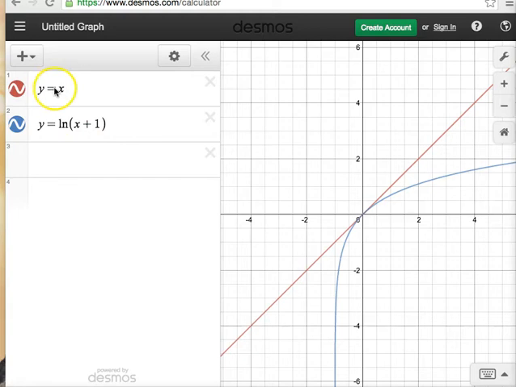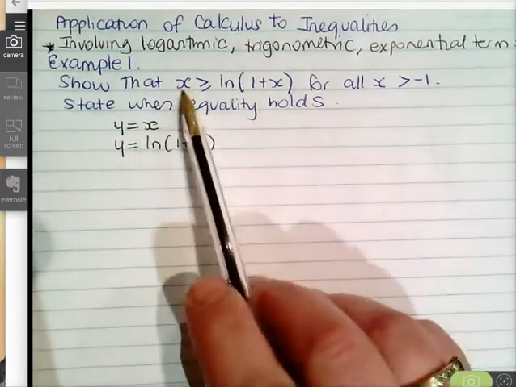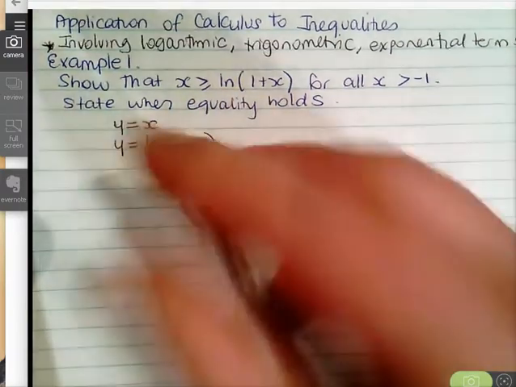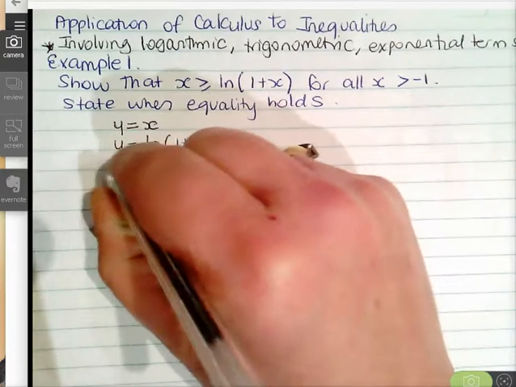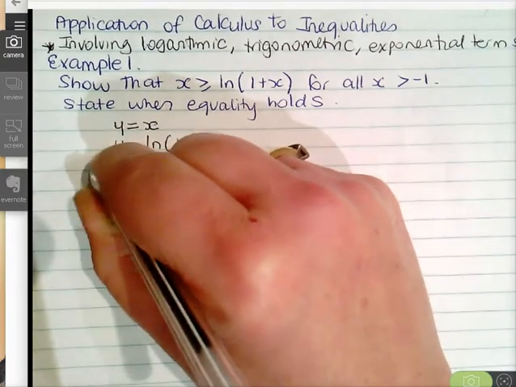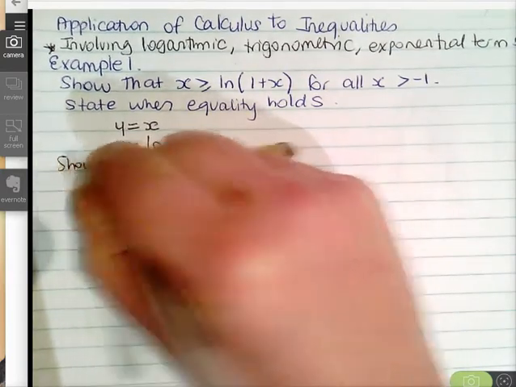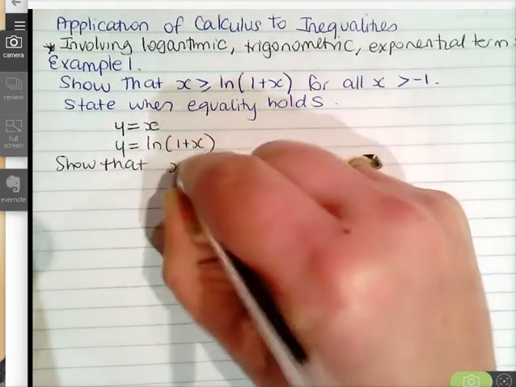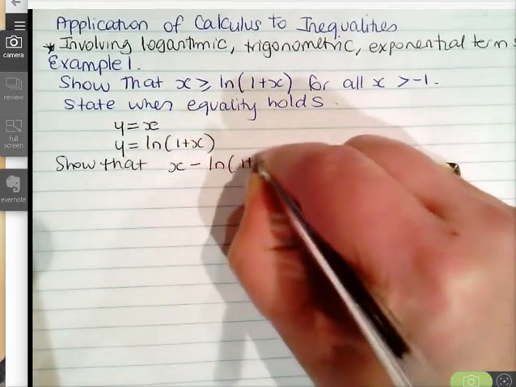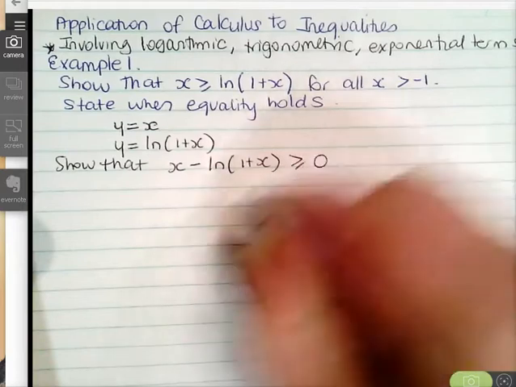Now, if you're trying to prove that x is greater than ln x plus 1, what we're going to do is I'll just go back to my other sheet, okay? So to prove that x is greater than or equal to ln 1 plus x, we're going to show that x minus ln 1 plus x is greater than or equal to 0.